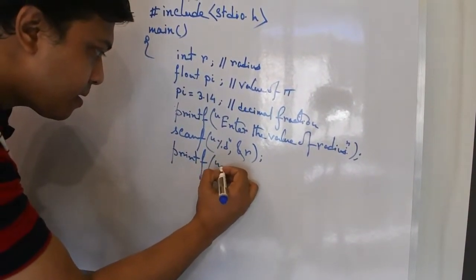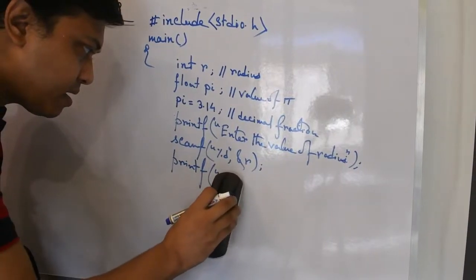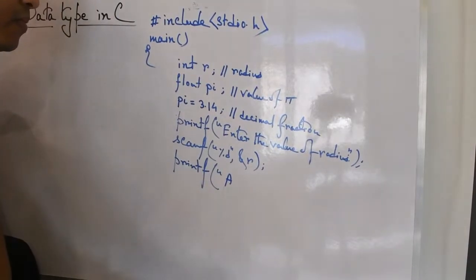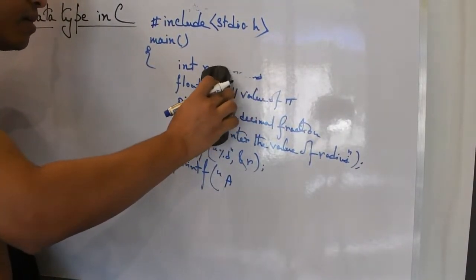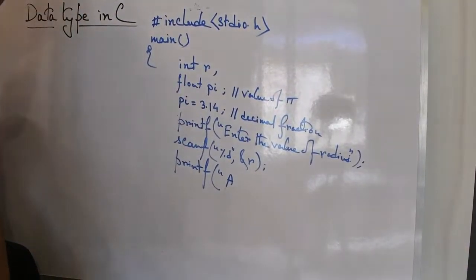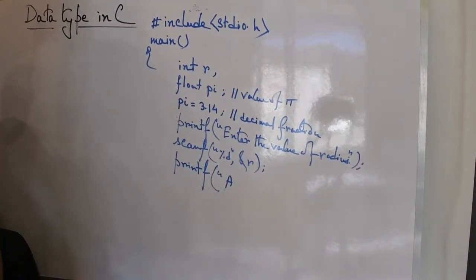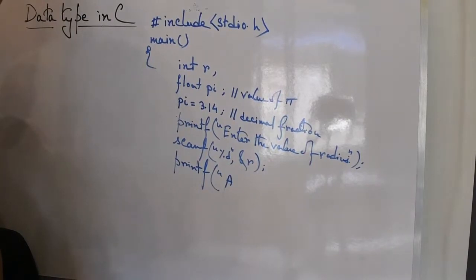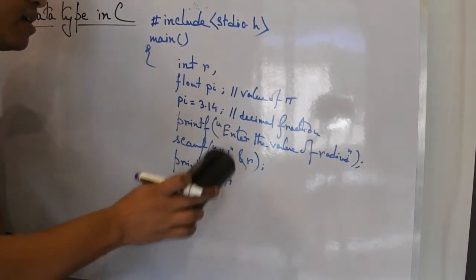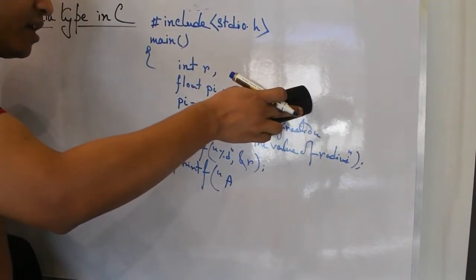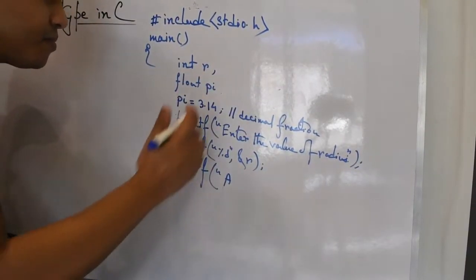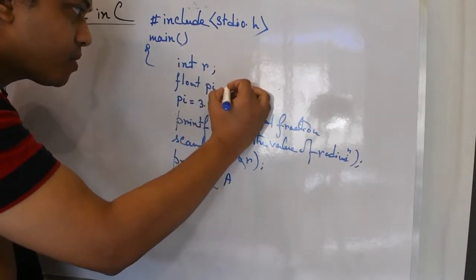The area value can also be float, so we take another variable for area.